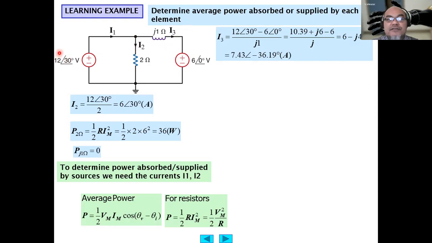This node voltage is 12 volt with phase angle of 30 degrees, and this one is 6 volt with phase angle of 0 degrees. So the voltage difference across the inductor is 12 volt with phase angle 30 degrees minus 6 volt, and the current will be this voltage difference divided by the impedance j1.